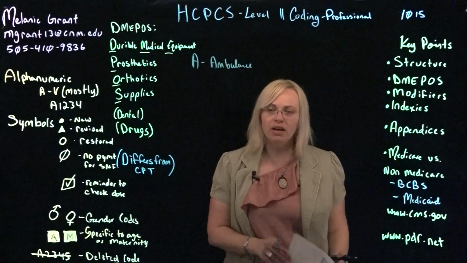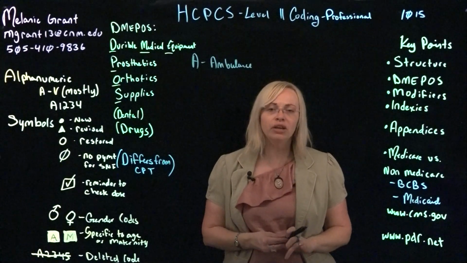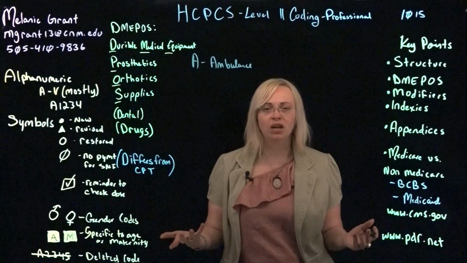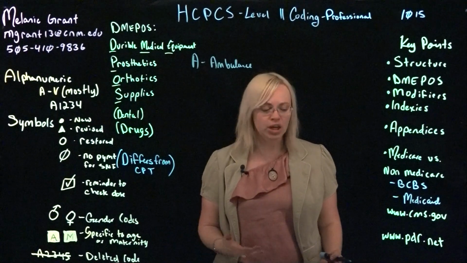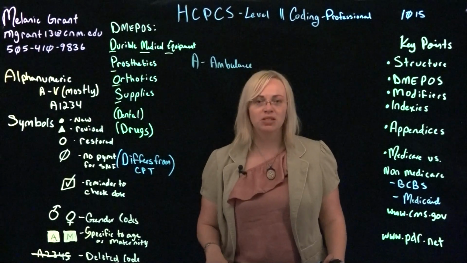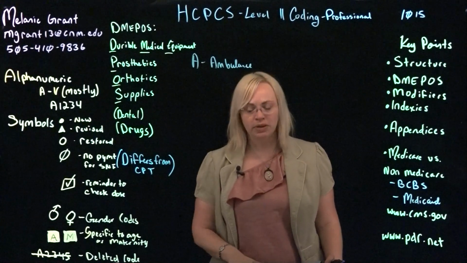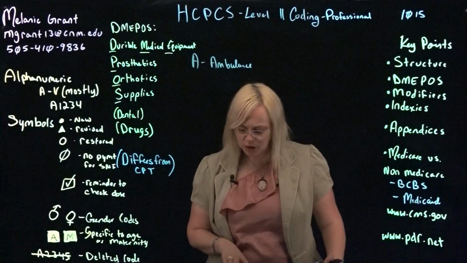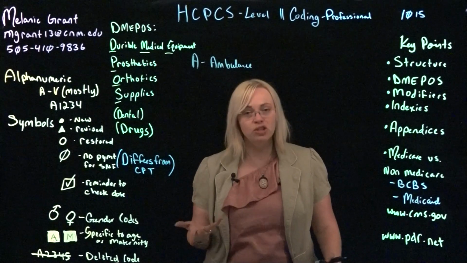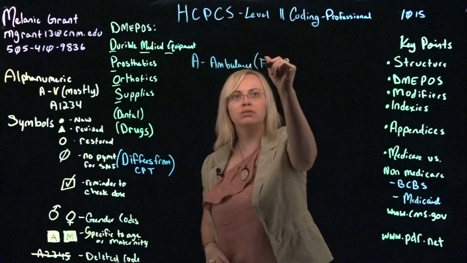So if you think about it, patients who may need travel from home, such as elderly patients on Medicare that cannot get themselves to their doctor's offices or are in a wheelchair, may end up having a specialized handicap taxi, and that would be something that would be billed under the A codes as well. And they have an example here for a non-emergency transportation, such as a wheelchair van. So ambulance as well as other transport.